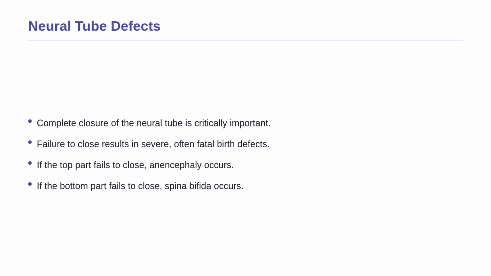For example, if the top part of the tube fails to close, the brain cannot develop properly, resulting in a condition called anencephaly. On the other hand, if the bottom part fails to close, the spinal cord is left exposed, resulting in spina bifida. This highlights just how delicate and crucial this early folding process truly is.